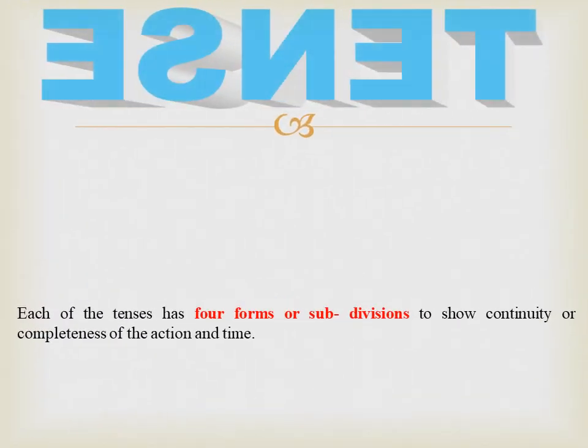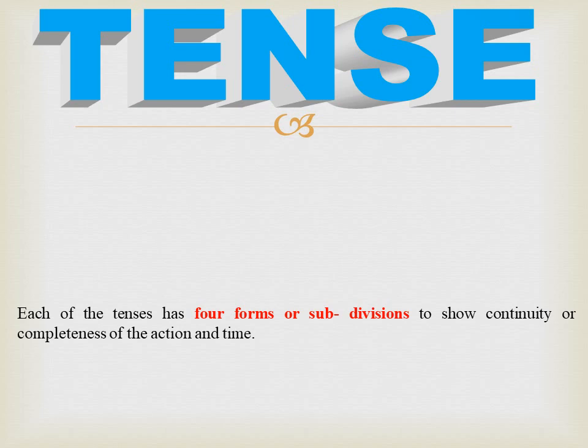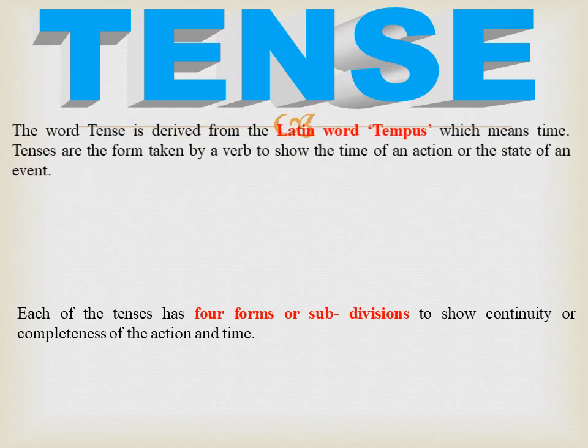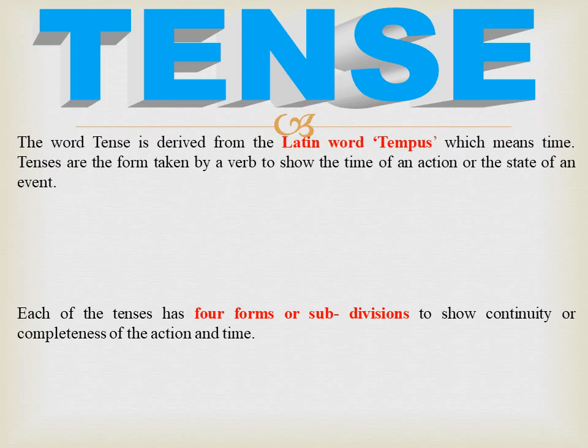So let's talk about the definition of tense. Dear students, the word tense is derived from the Latin word tempus, which means time. Tenses are the form taken by a verb to show the time of an action or the state of an action.